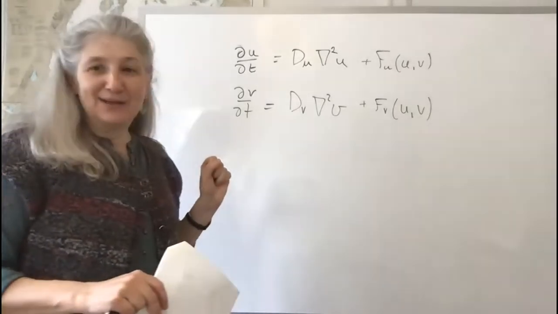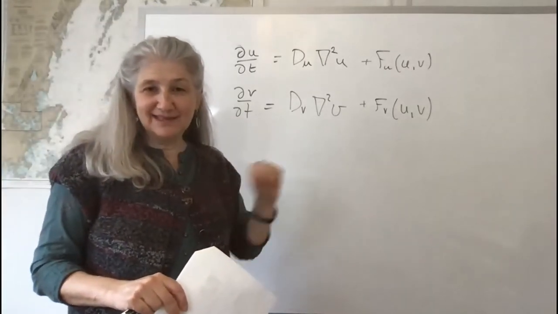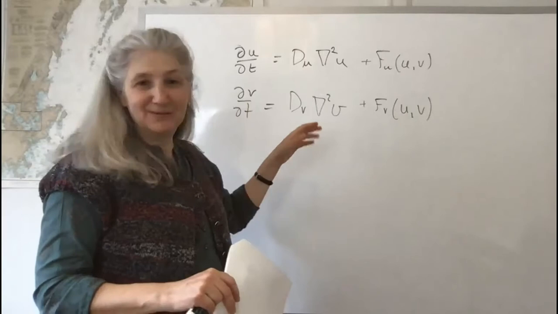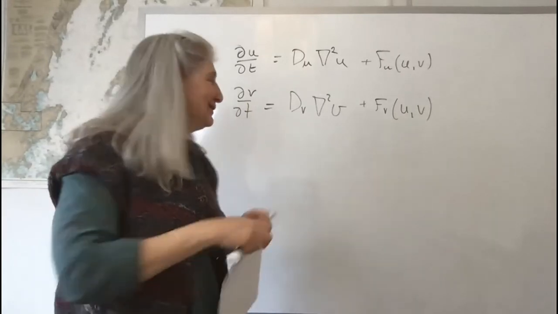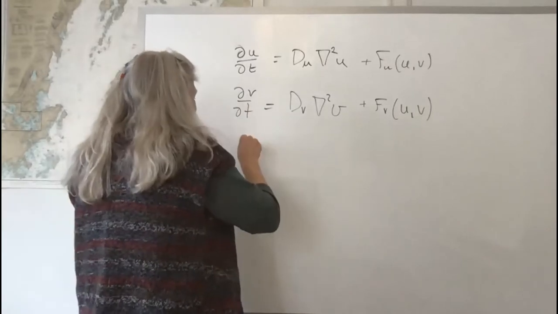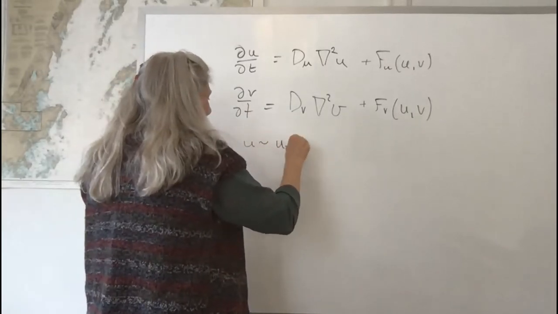Okay, so because we were looking at small perturbations, we linearized the equation, which means we expanded solutions. We took U is U0 plus U1.